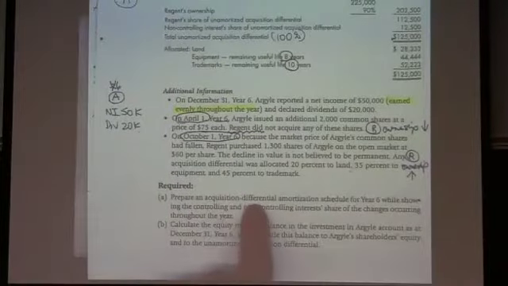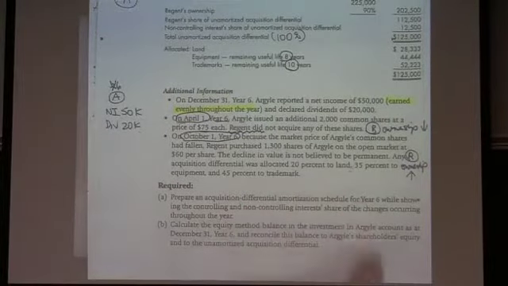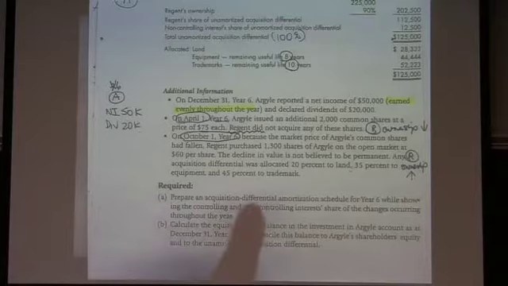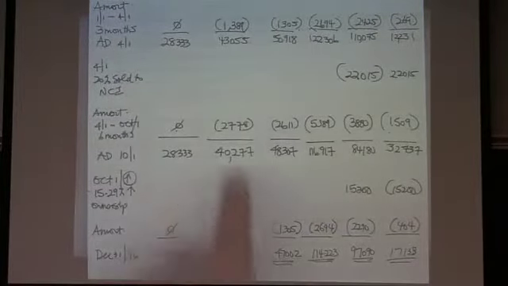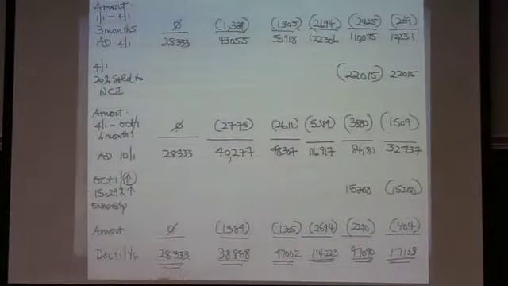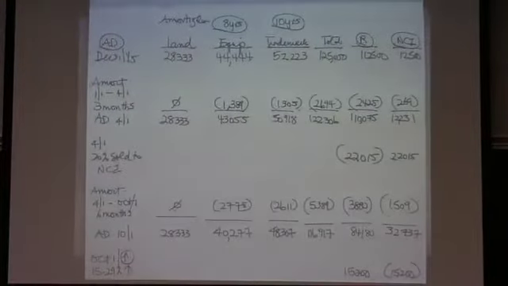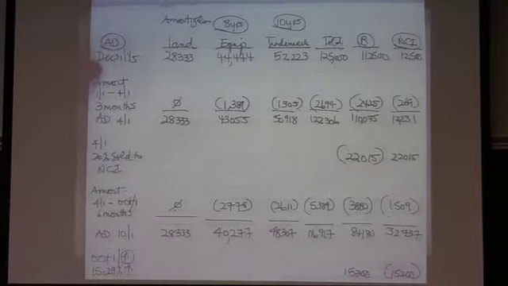The first question says, prepare an acquisition differential amortization schedule for year 6 while showing the controlling and non-controlling interest changes in share ownership. That's exactly what we've done. So let me recap. We start with the acquisition differential beginning balance at the end of year 5.